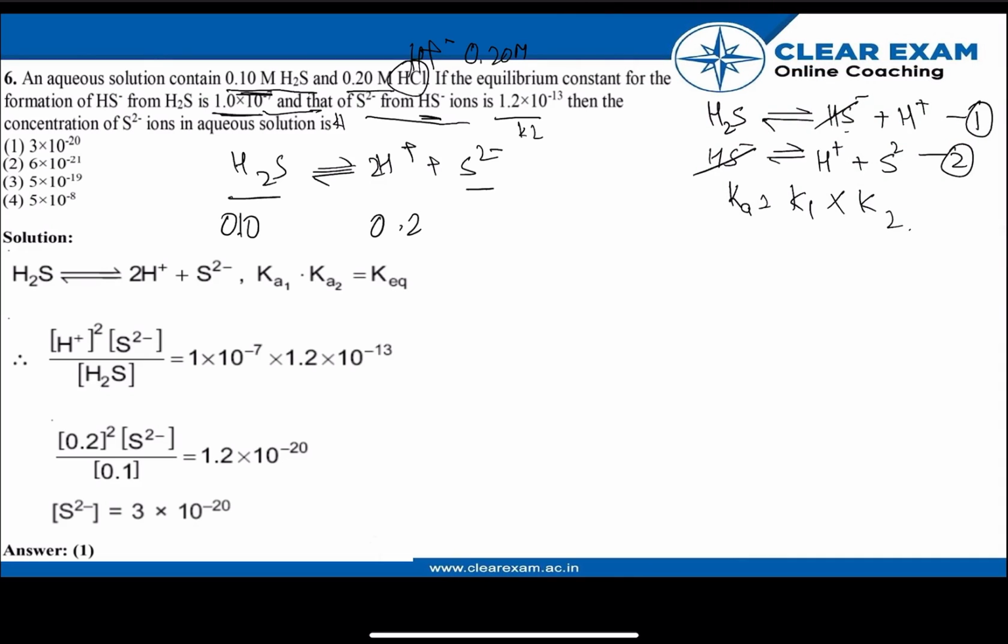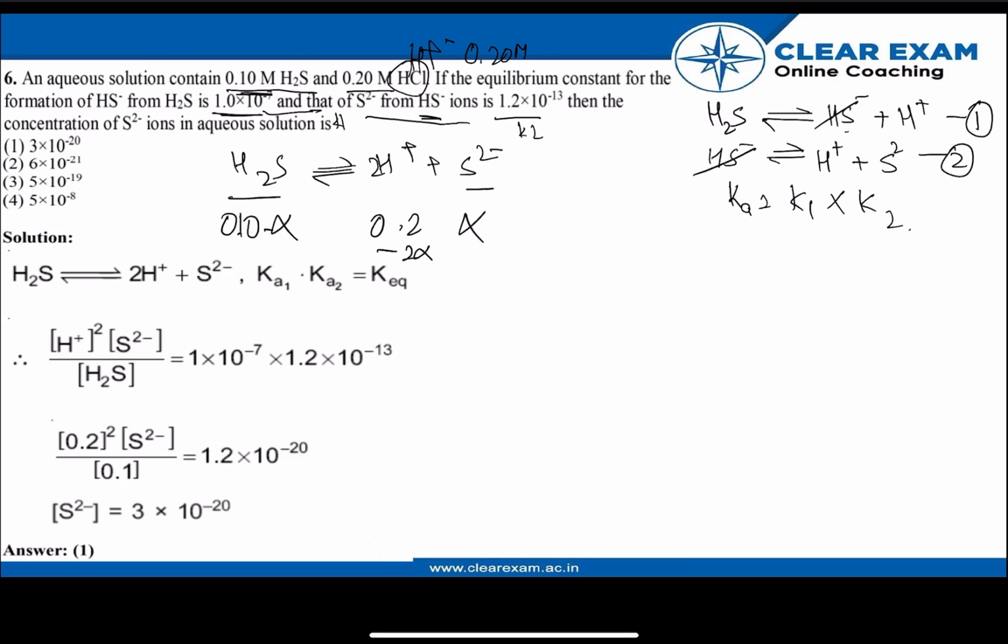The amount of sulfide ions will be, say, alpha. If this is alpha, the H+ will be 2 alpha, so we can say 0.2 plus 2 alpha, and subtracting alpha from the H2S.